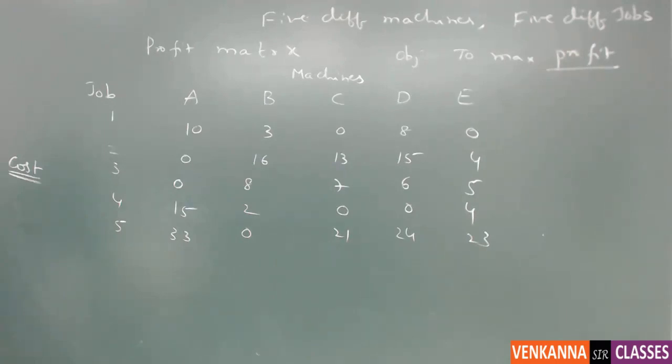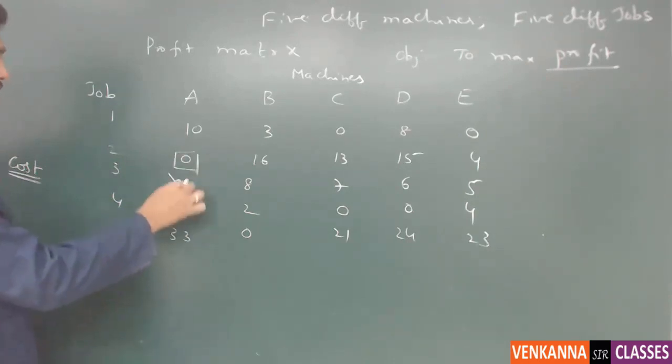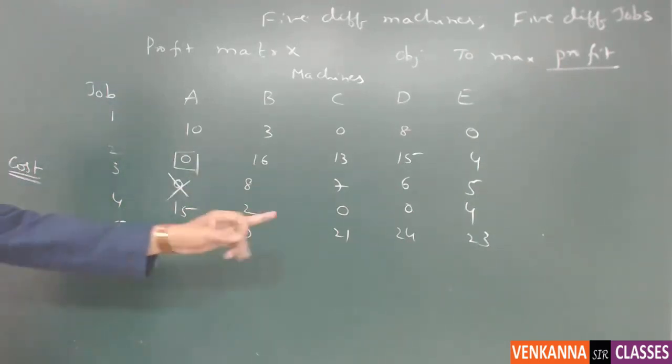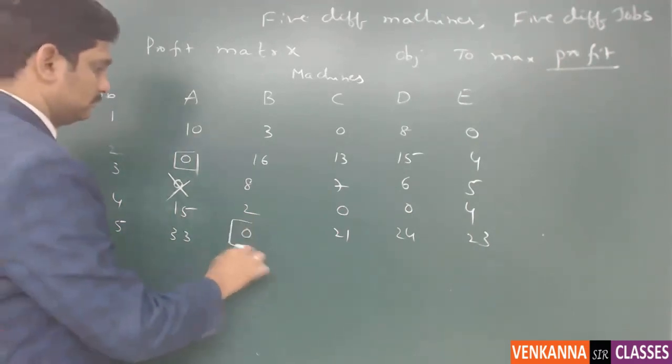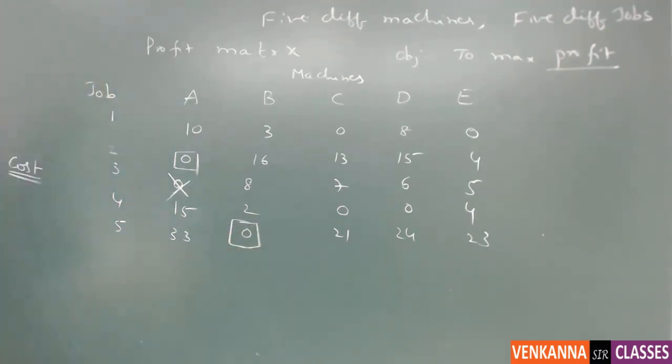What about the others? Do you have the same result? If you go for the allocations, where the single zero is there, you can have one allocation here, and the corresponding zero gets cancelled. Again, you can go for an allocation here, right?